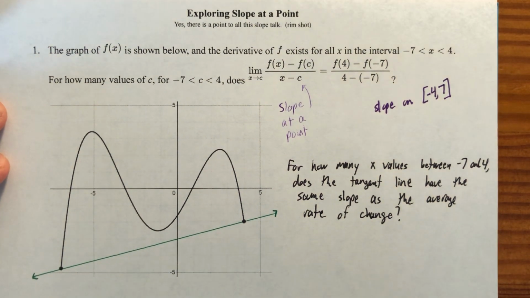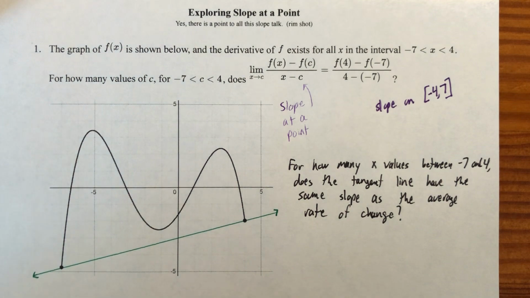Okay, so I want to know at how many points we would have a tangent line that has the exact same slope. So here we go.